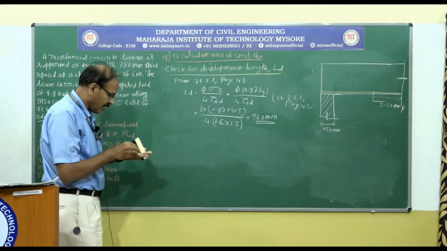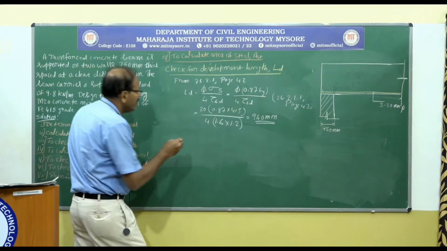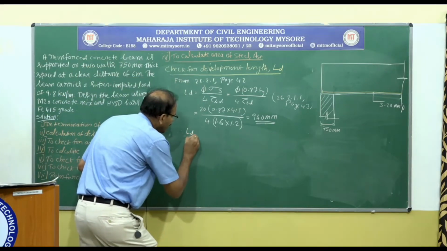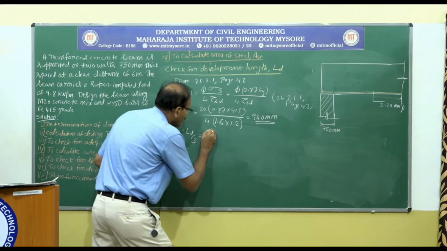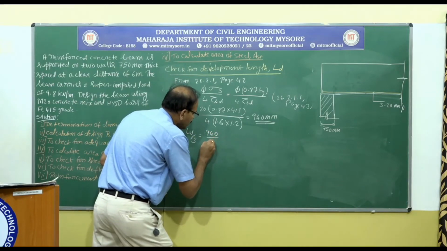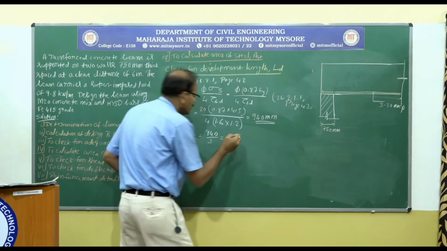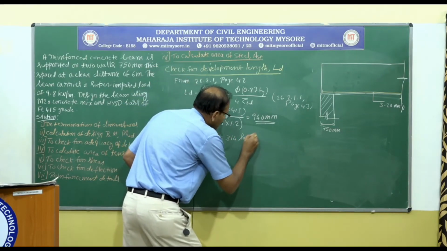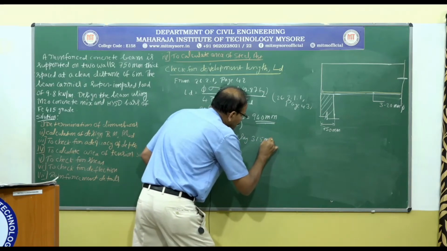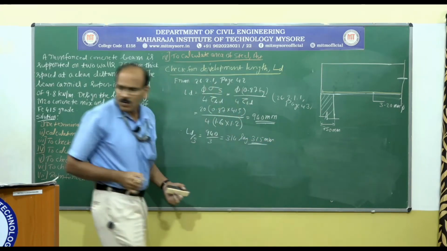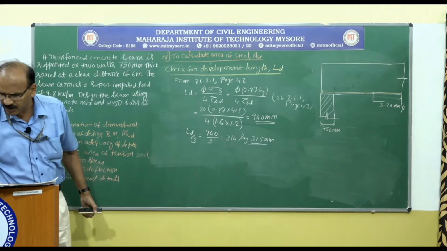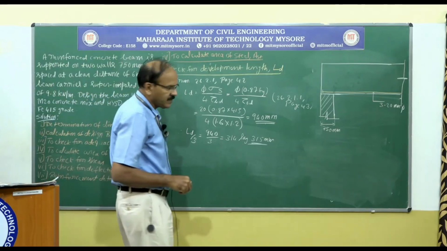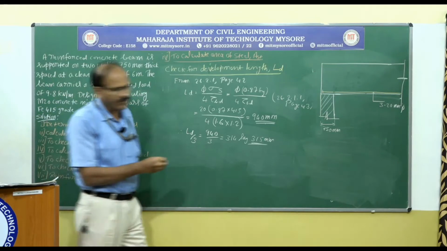It is 940 millimeter. Therefore, LD/3 equal to 940 divided by 3, that is equal to 314, say 315 millimeter. Okay, that is as per 26.2.3.3a, page 44.